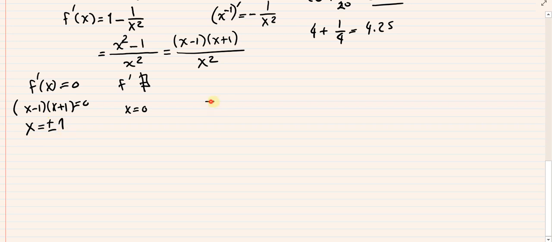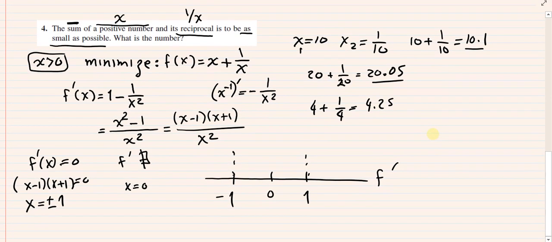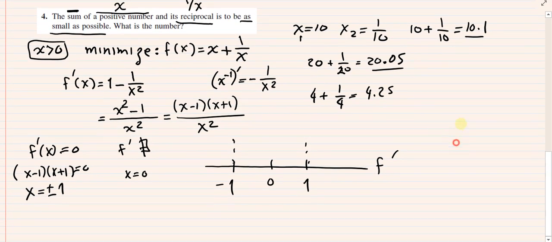So if we actually go through our first derivative test now, here's f prime. This is 0, where the derivative does not exist. And here's 1, here's negative 1. I'm just going through our routine, optimizing the function.